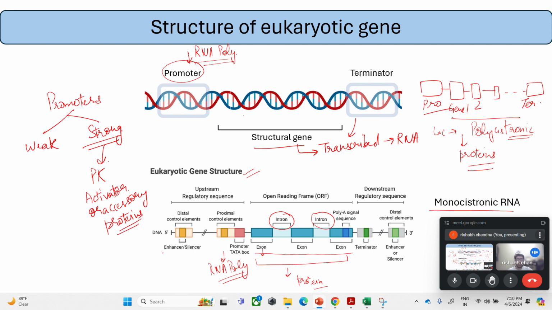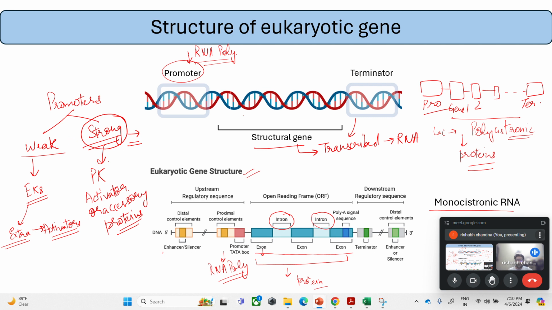The general idea is that the strong promoter sequence is nearly the same as the consensus sequence of the organism, and in the case of the weak promoter, the sequence is very different from the consensus sequence, and it is generally present in eukaryotes. Here we have certain extra sequences that are linked to the activators.